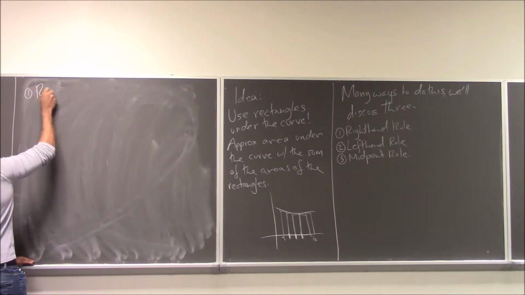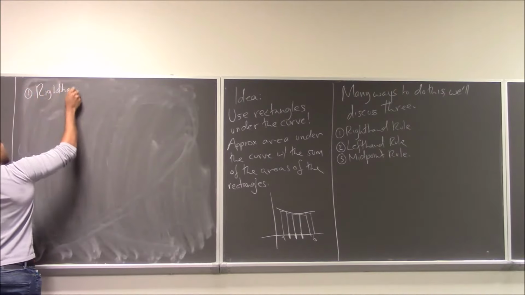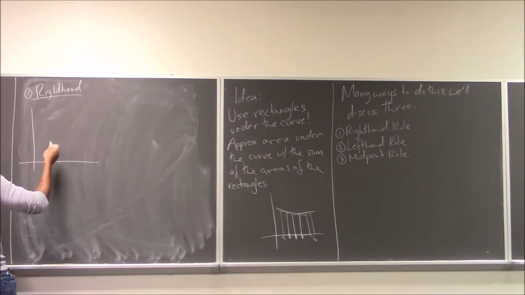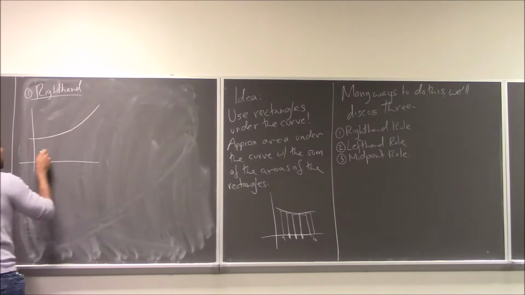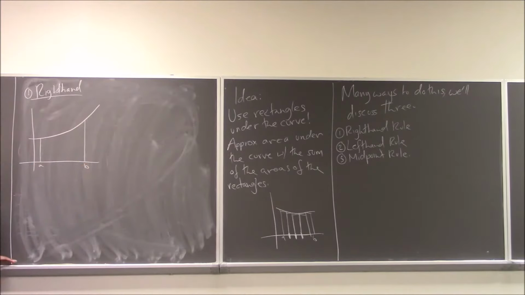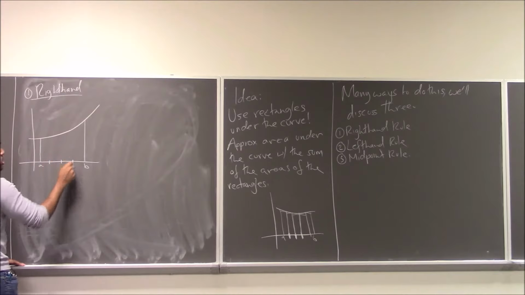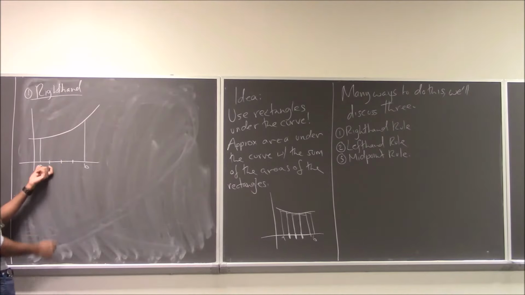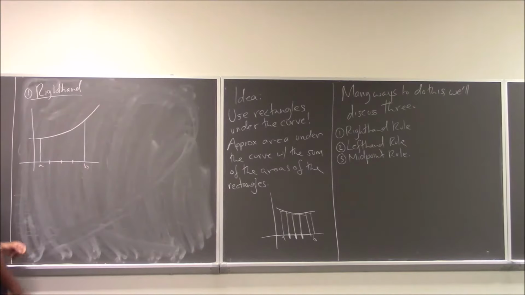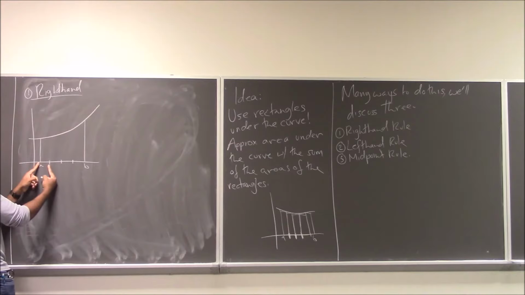So one, in the right-hand way of doing things, we have this curve, and I'm just going to make a random curve here. I care about finding the area from A to B. What I do is I split the interval into a bunch of pieces, and on each of these pieces I'm going to erect a rectangle. But how I make those rectangles is I let the right side of each interval touch the curve, and that determines the height of the rectangle.